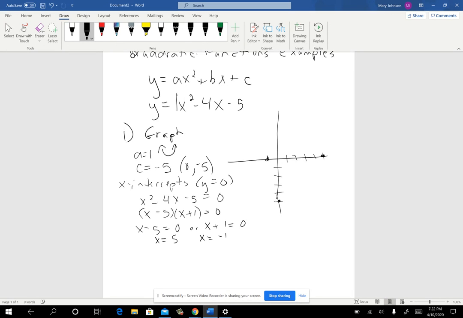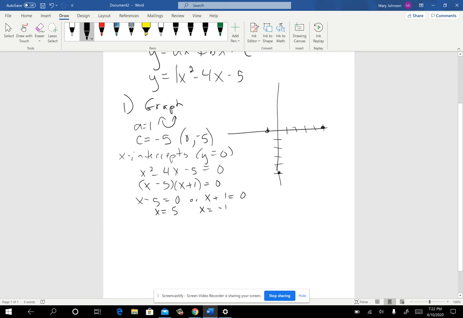One of the features that really helps is to find the vertex. That's y-intercept, and the vertex is that point right there where the function turns around. In this form, to get the vertex, you use the first part of the quadratic formula, the -b on top and the 2a on the bottom.